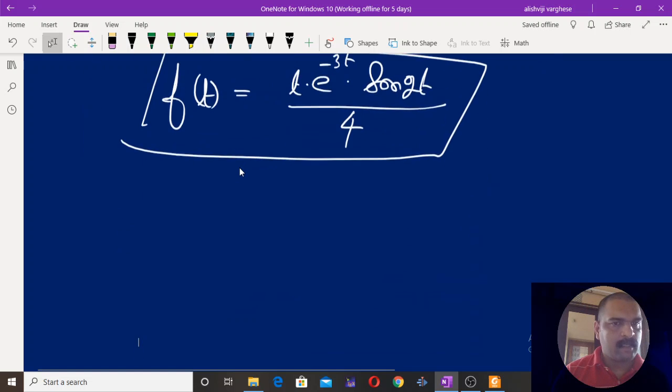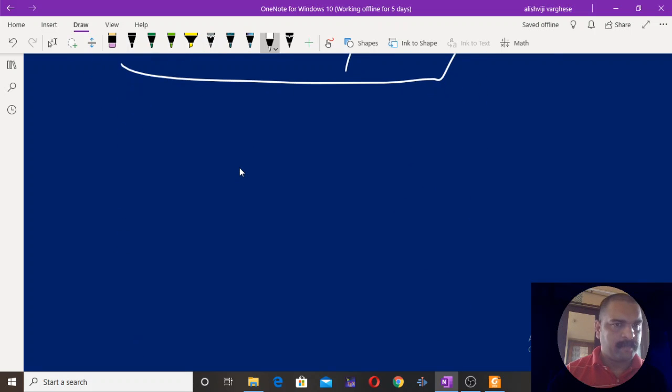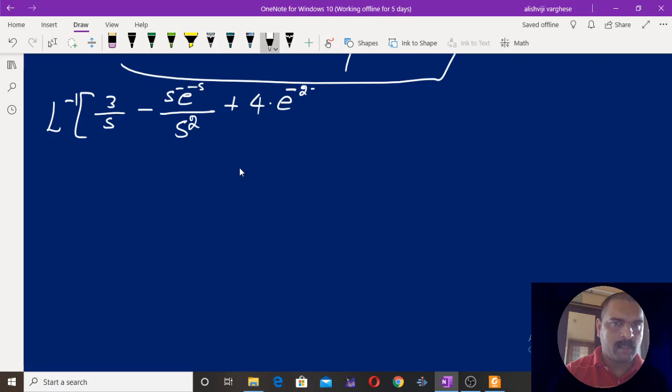Now let's solve another problem. Let's find the inverse Laplace transform of 3 divided by s minus 5 e raised to minus s divided by s square plus 4 e raised to minus 2s divided by s square.